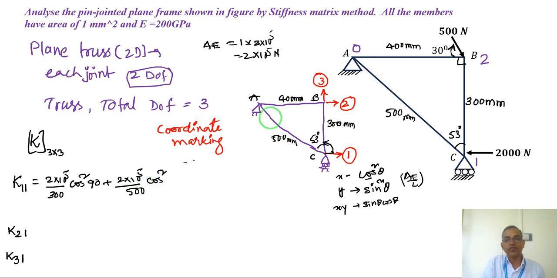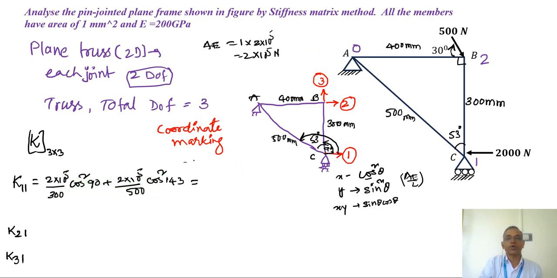What is the angle of this member from the positive x-axis of the coordinate here? This angle previously was 90. So this is 90 plus 53, 143. Okay, this is very important. 143. So when you calculate this, cos square 90 anyway 0, cos 90 0.